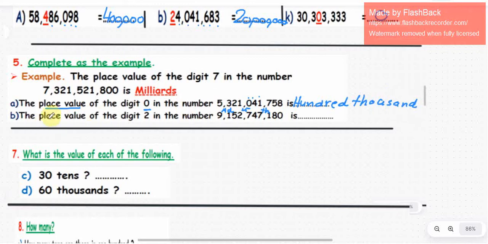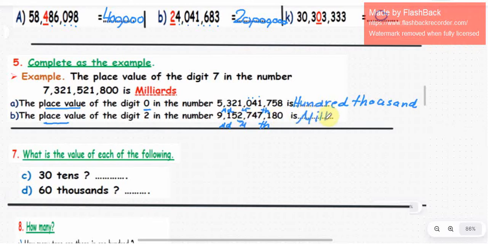Letter B, the place value of the digit 2 in this number. Before we start, we write thousand, million, and milliard. The number 2 is in the family of million, and the first digit is million.